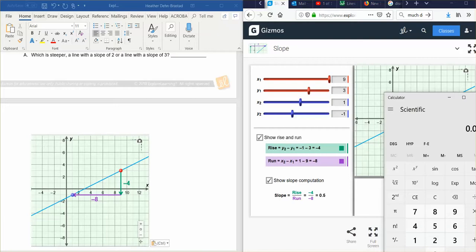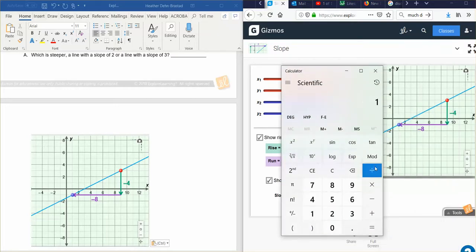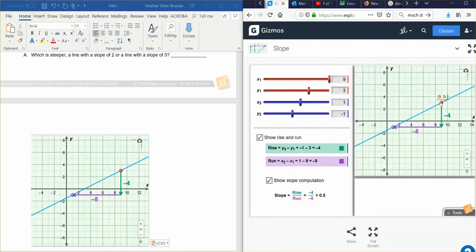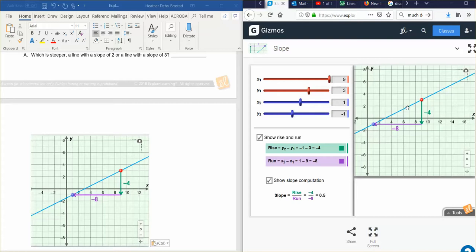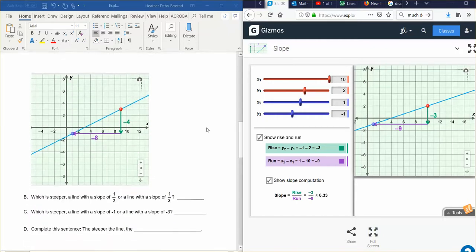Because this slope is being calculated as a decimal right now, 1/3 would be 0.333333333333. So I'm going to try to get that as my new slope. Let's see, what if I change, oh, that's pretty close right there. Okay, so here are my 2 lines to compare.